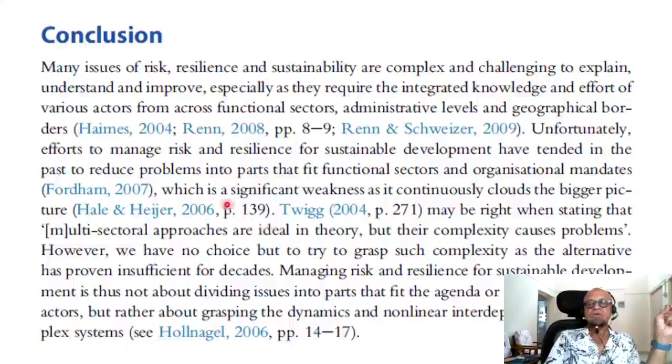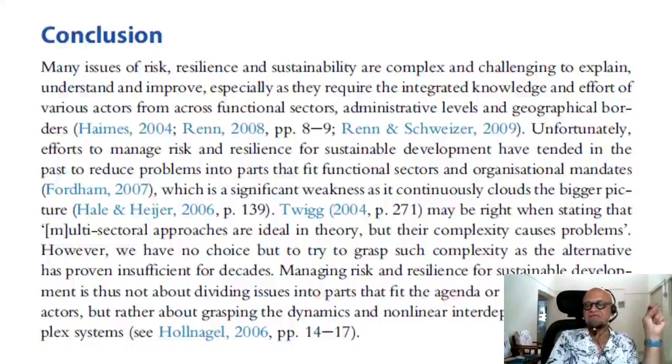So here you are looking at symptoms and not the fundamental problem. Twigg may be right when stating that multi-sectoral approaches are ideal in theory, but their complexity causes problems. However, we have no choice but to try to grasp such complexity, as the alternative has proven insufficient for decades.